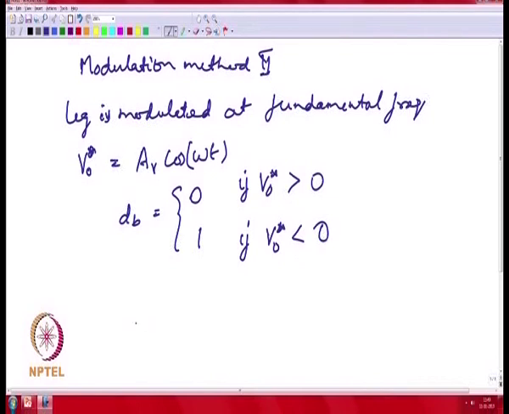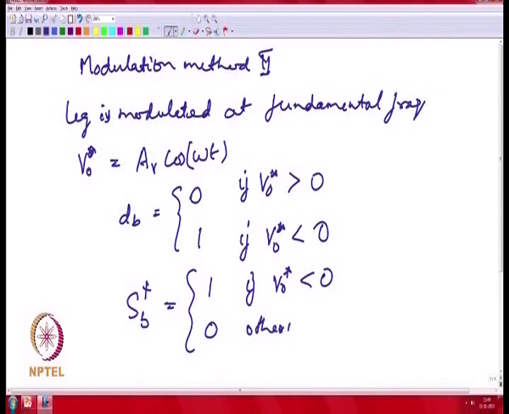So, if you look at the switching functions for leg B, your SB plus would be a signal of the form 1 if VO star is less than 0 and 0 otherwise. So, essentially your leg B is switching at fundamental frequency and leg A is switching at the carrier frequency.